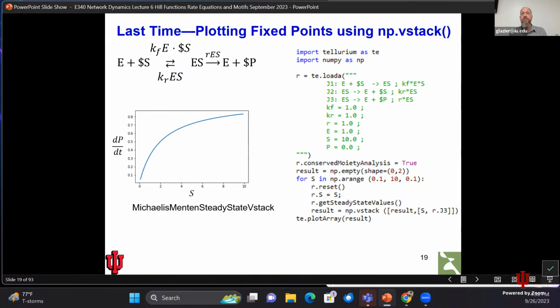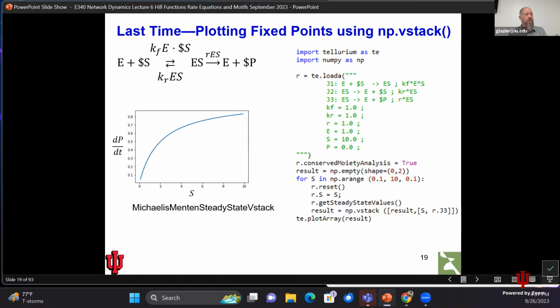Elmer notices that we are using the $ sign to fix the value of S and also the value of P. He asked the question, where does the $ sign have to go?